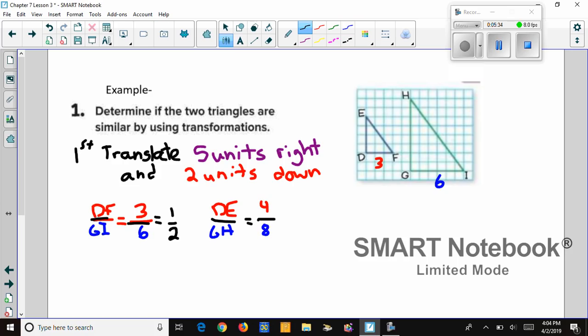And 4 over 8 reduces to 1/2. So far, we are good. But there's one problem. We're going to have to go and figure out what the length of those two diagonals are. So I want you to take a moment. I'm looking at two right triangles. And I would pose the question, how do I find the length of the diagonals?